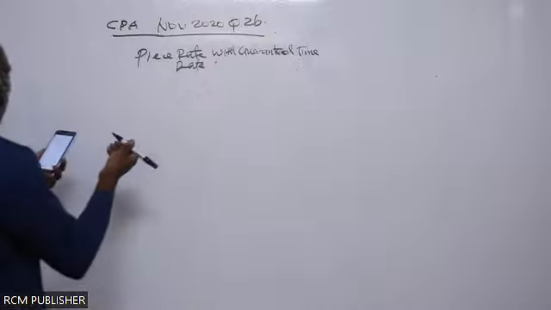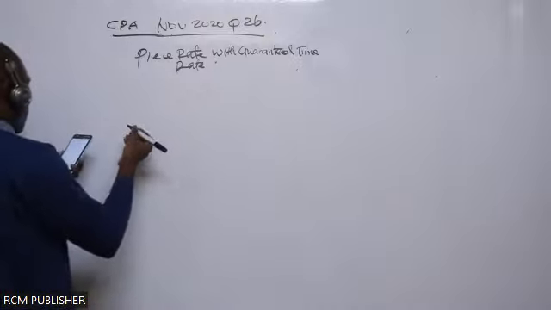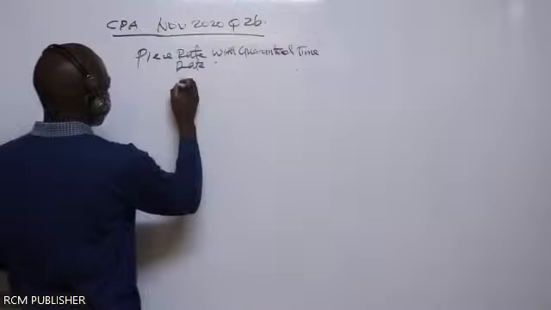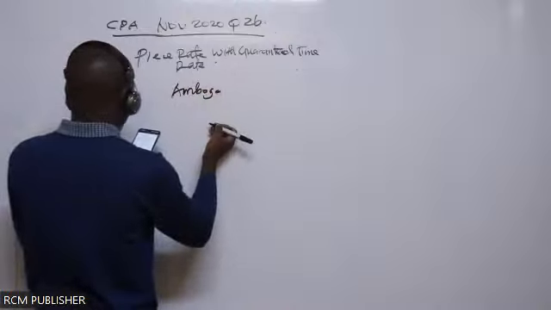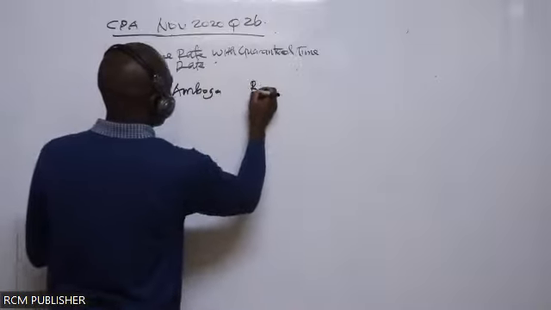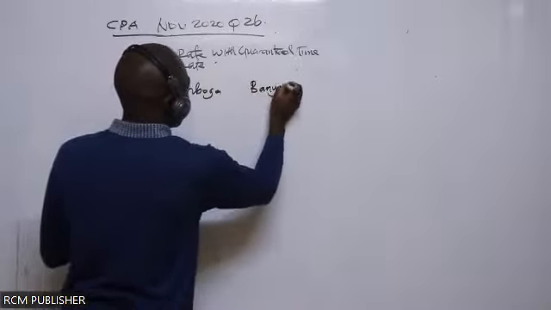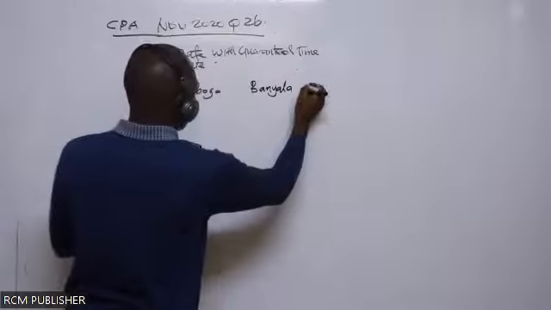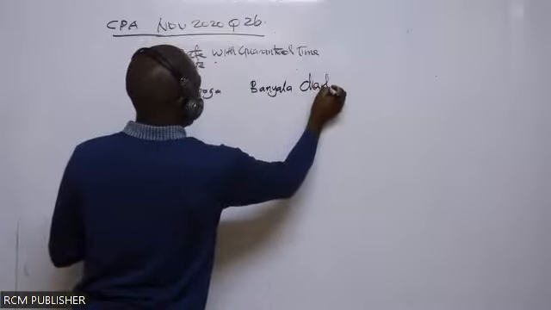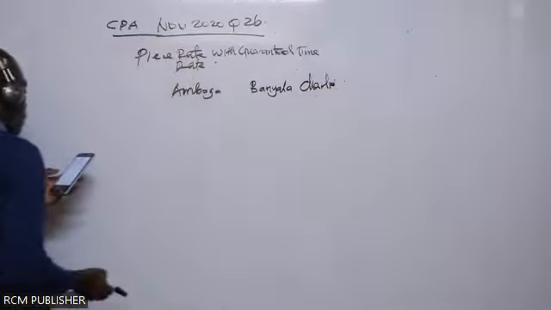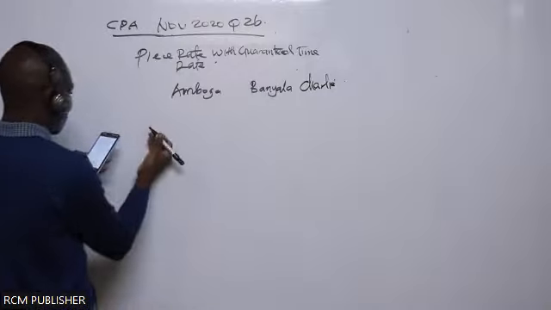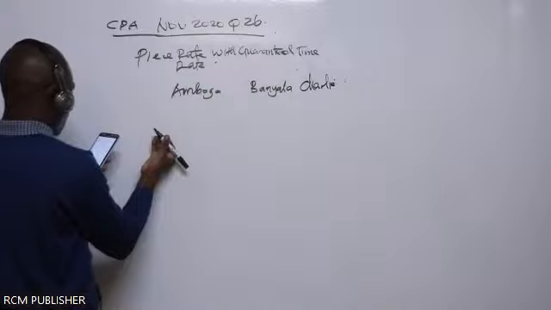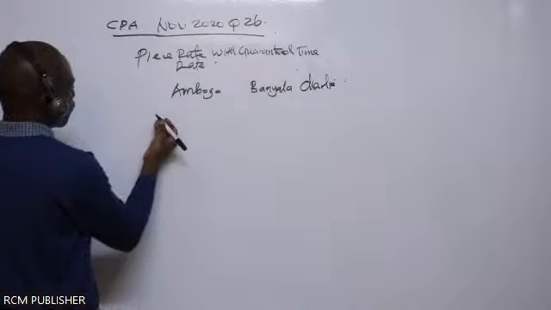So let's look at these people here. We have Ambogo, we have Banyala, and then we have Charlie. So are we able to get the number of units produced?